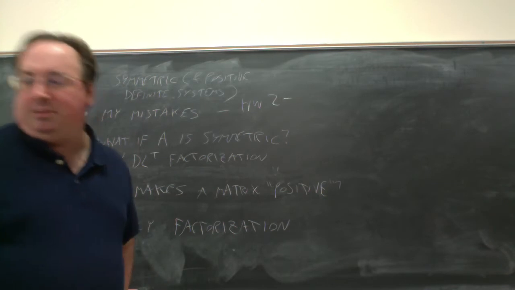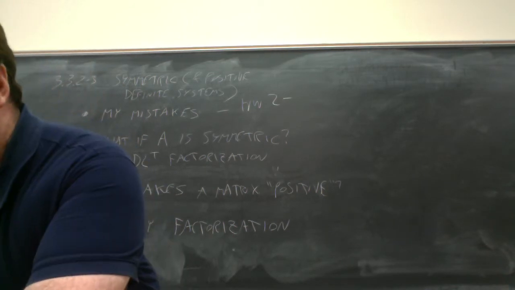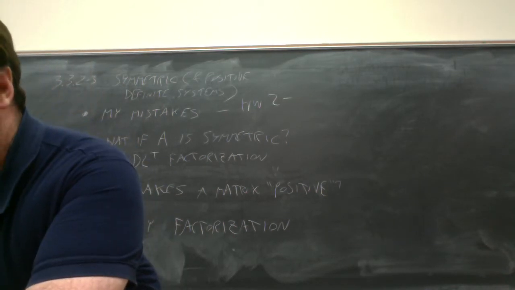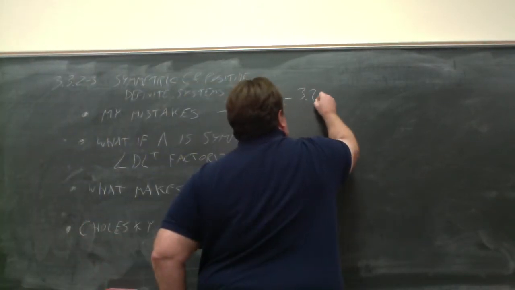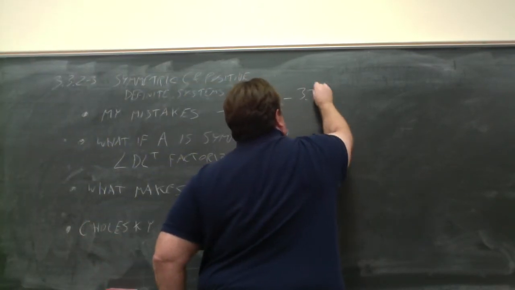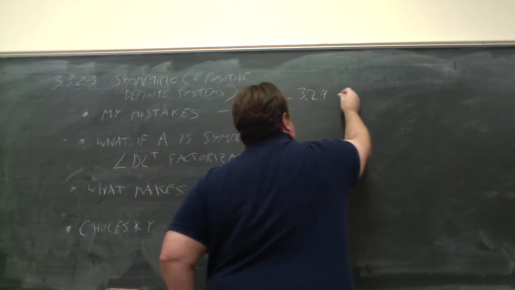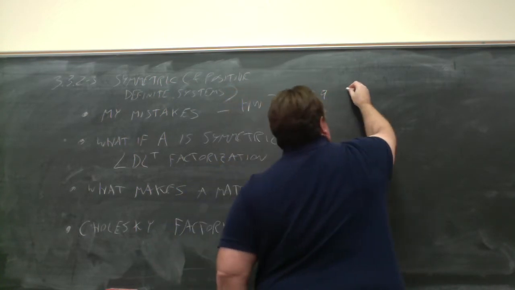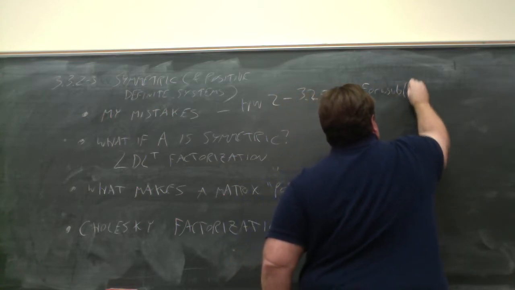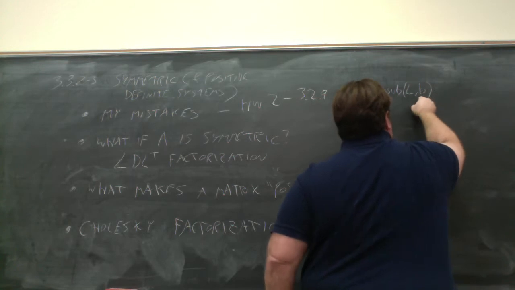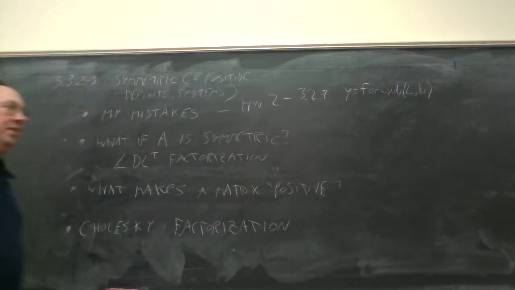One of the problems involving forward substitution: 3.2.9, where I give the specification for the function. It should be y equals forward sub(L, b). I had LY, so I'll have to fix that.